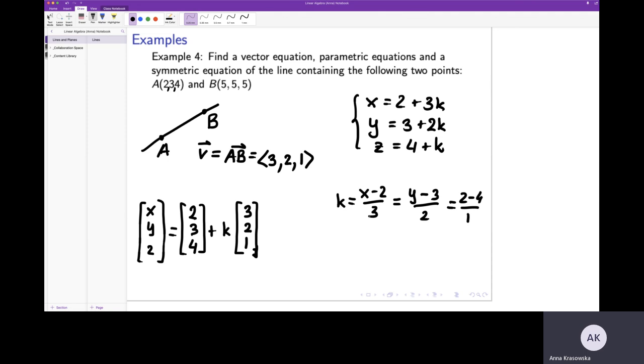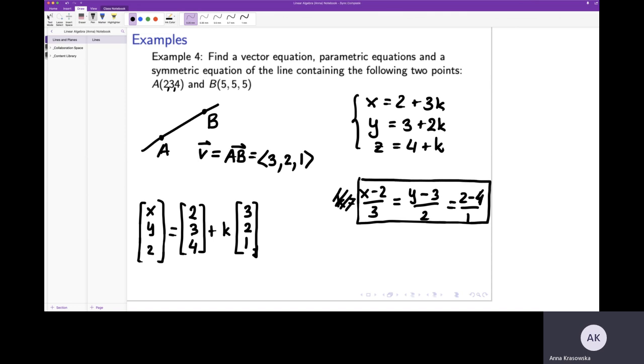That parameter k is equal to all those from the three different equations. We do not write the k, only that part is called the symmetric equation.